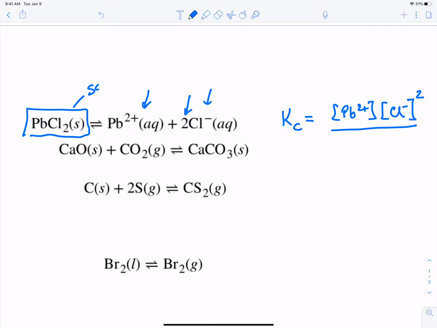Now, because this is a solid, the activity equals 1, so this is going to be over 1. So the value of Kc, which is also the value of Qc, remember, is just going to be equal to lead 2 plus times chloride minus to the power 2.